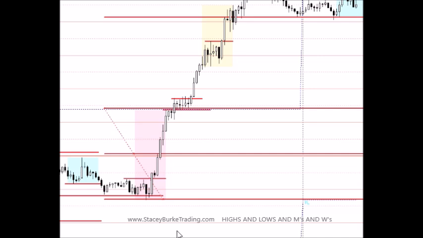Is there a breakout pullback? Or are they hitting it and not going anywhere? That's when you want to be starting to think M's and W's. And this is a classic textbook type 2W formation at the low of the day on a low of the week peak formation for a massive spring move back towards the highs of the week.